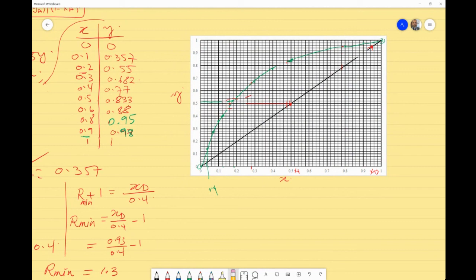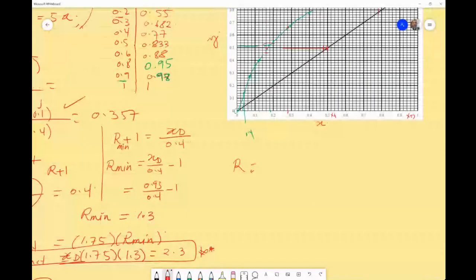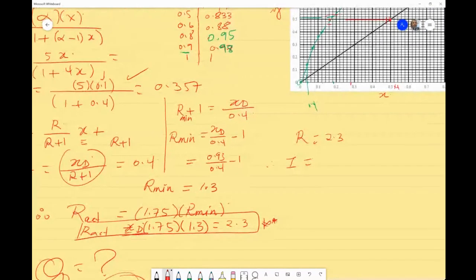So now what are you going to do? You will go back and say, the flux ratio is equal to what? We calculated the flux ratio as 2.3, so the intercept here is going to be XD over R plus 1. XD is 0.95 divided by R plus 1, which is 2.3 plus 1.